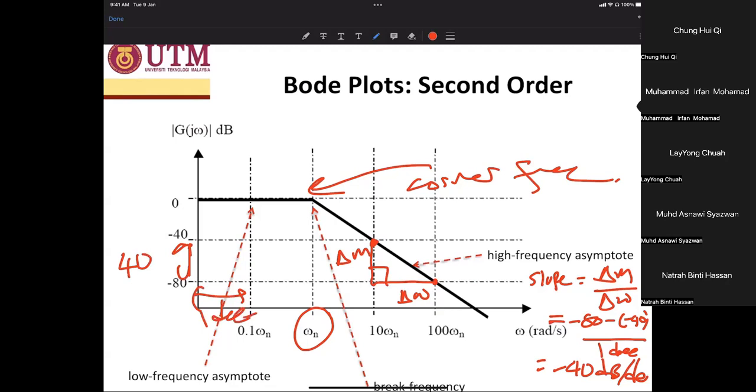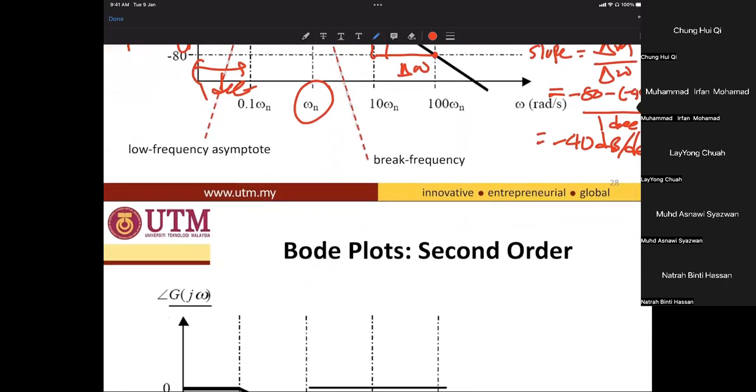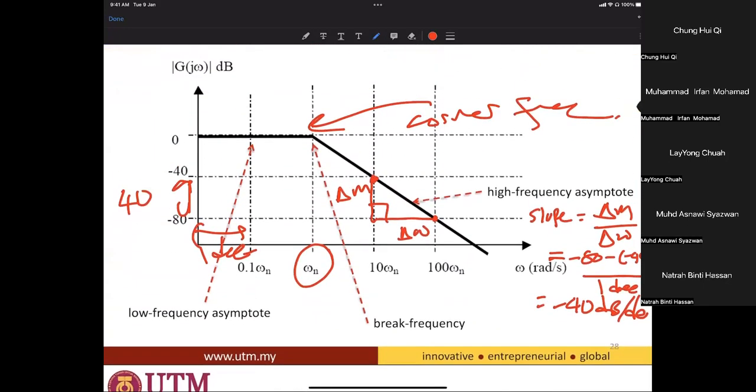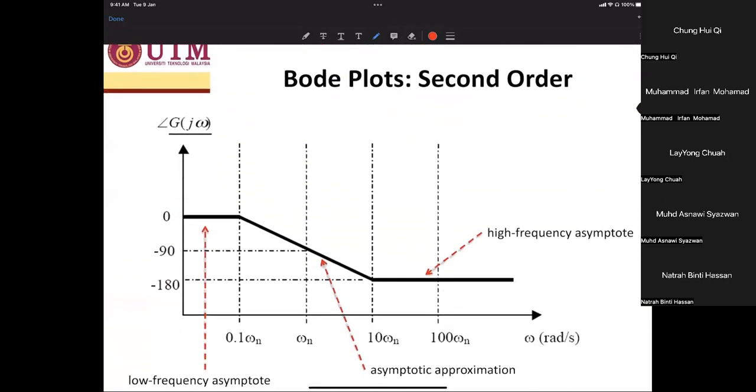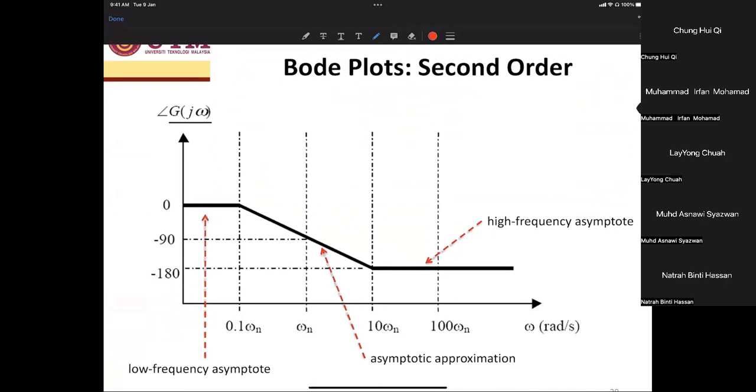So the slope is negative 40 dB per decade. Miss Chua, okay? Understand? Right, so this one is also the same for the phase plot.